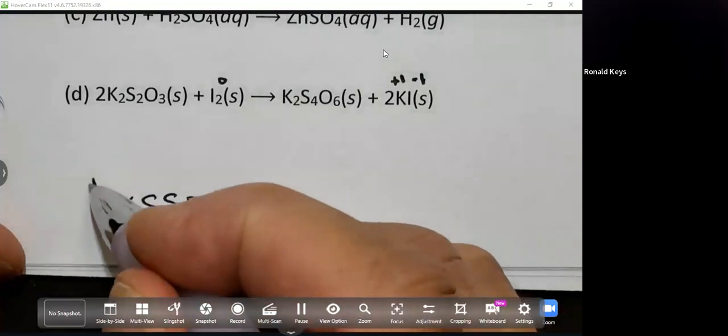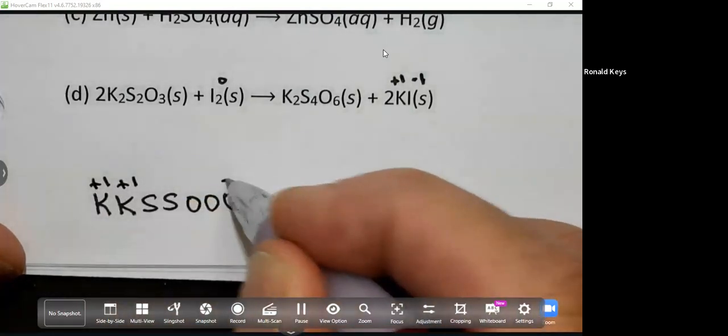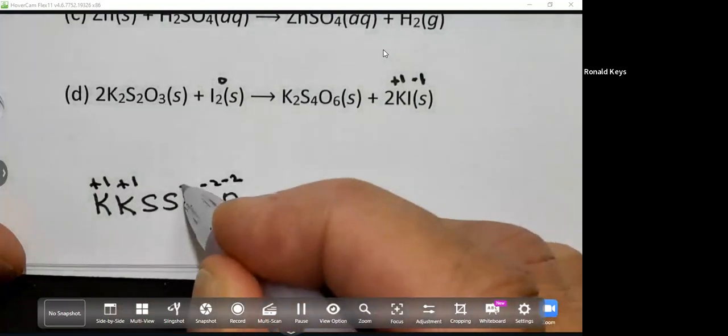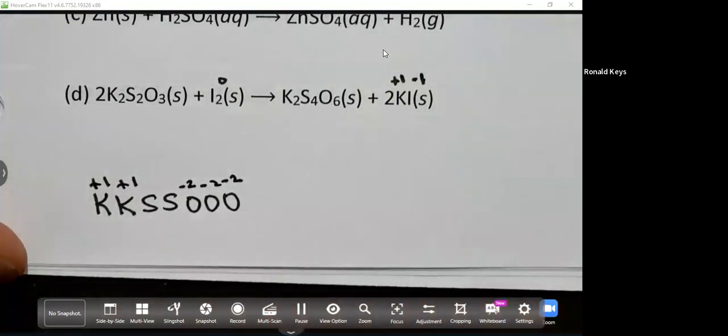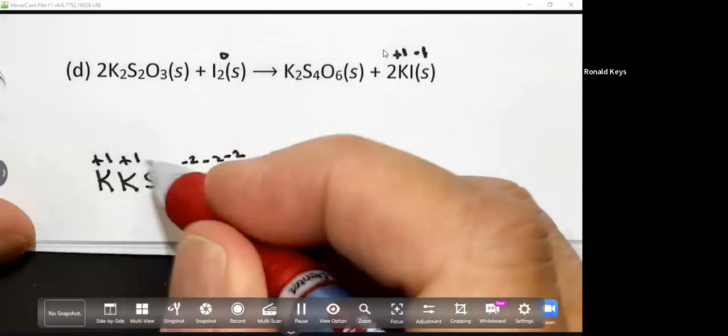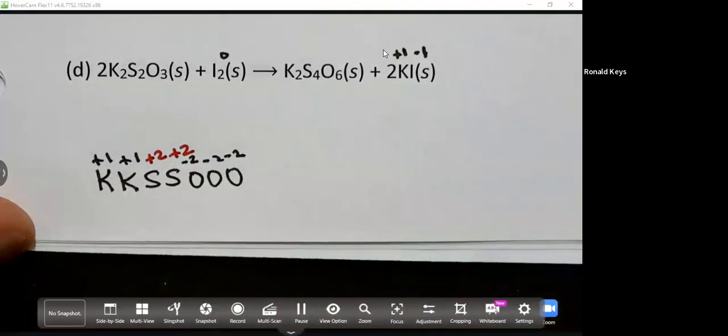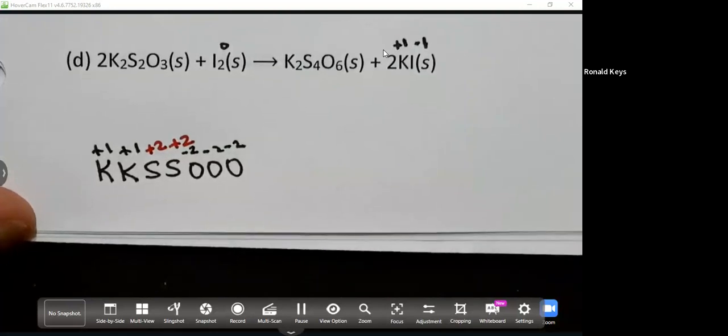So we know we've got a +1, a +1, and -2, -2, -2. For the sulfurs, +2 and +2, does that work? Yeah, because that would give us +6 and -6, right?